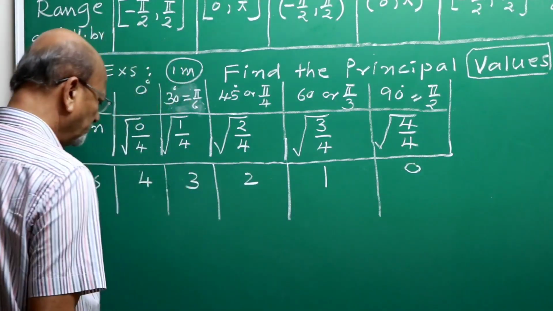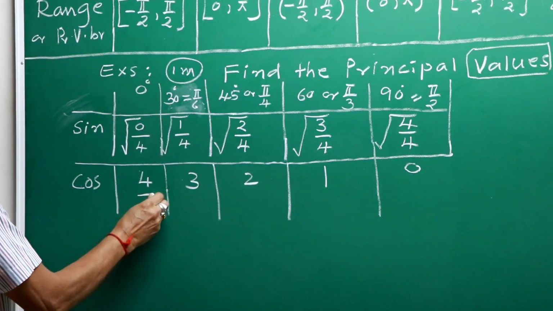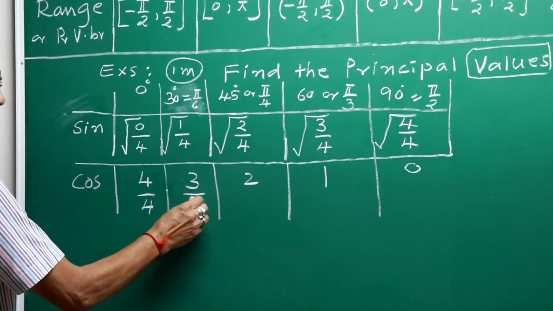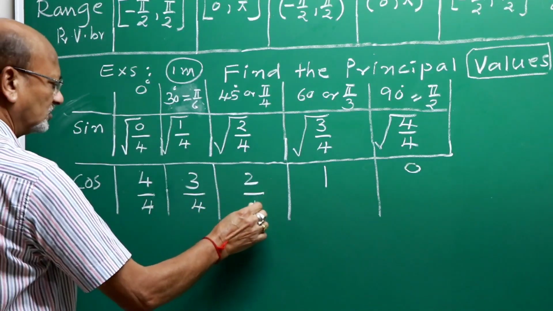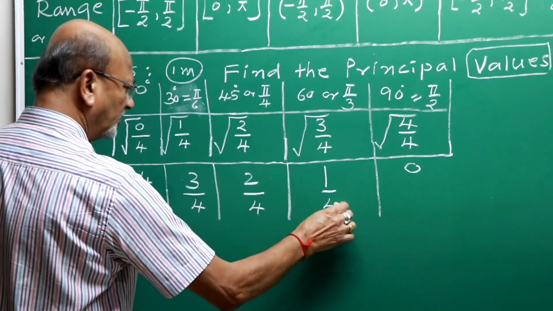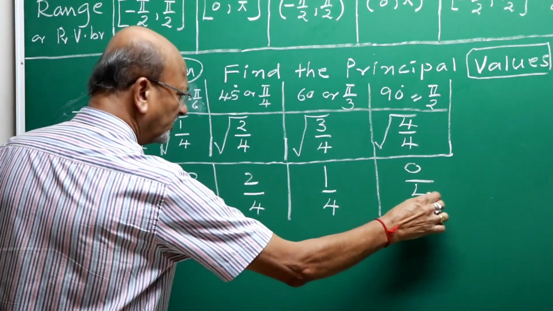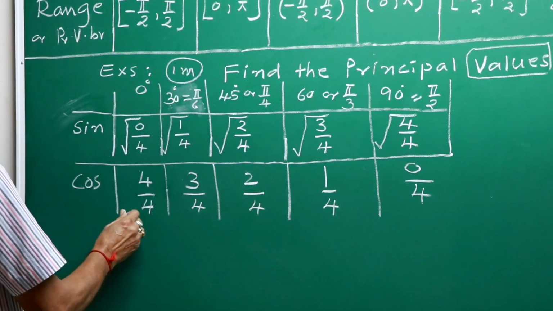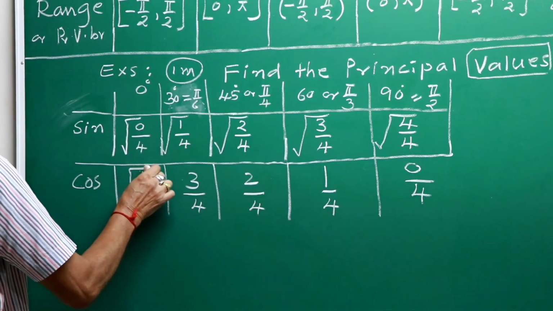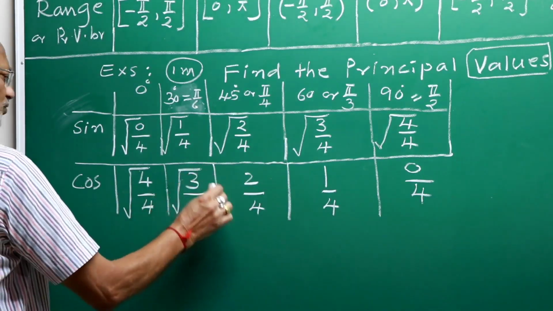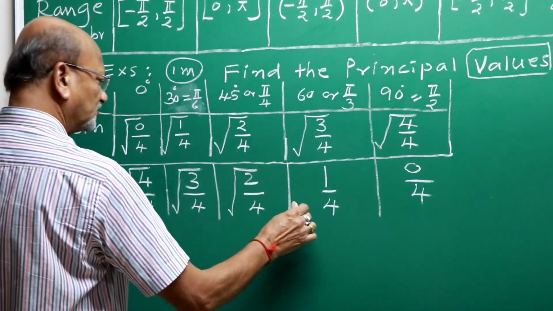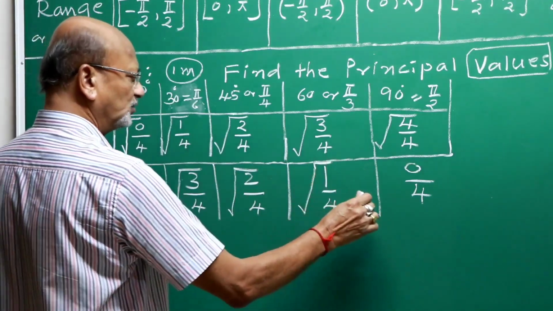The same principle. Divide each number by 4. Then you take the square root.